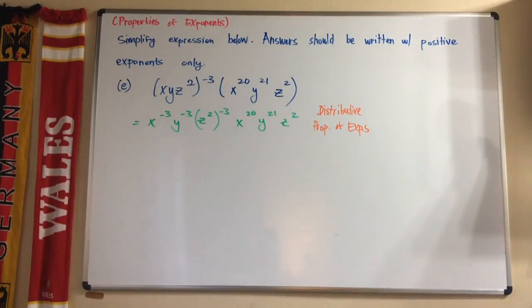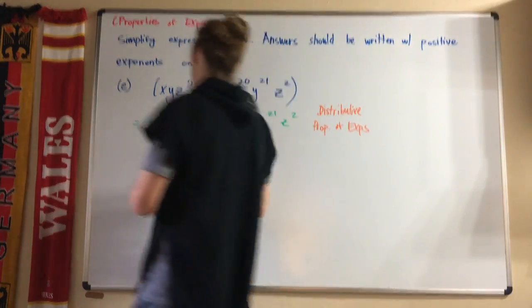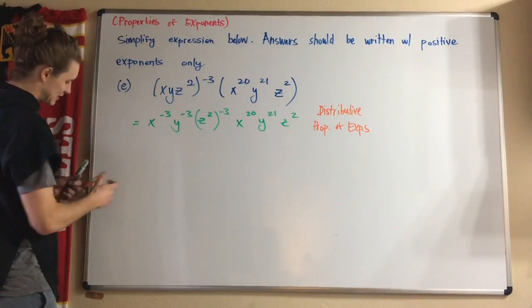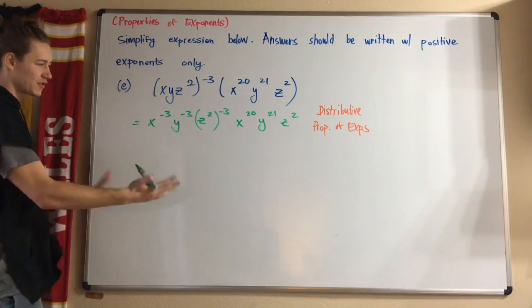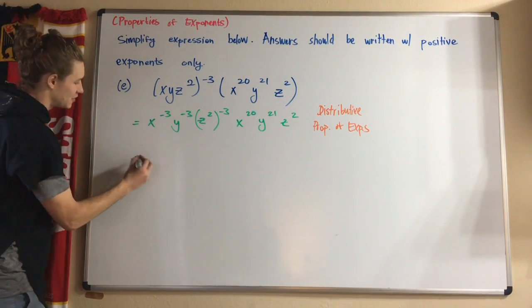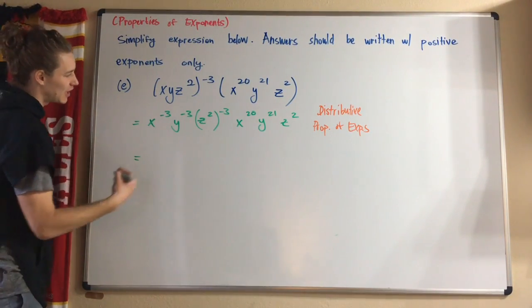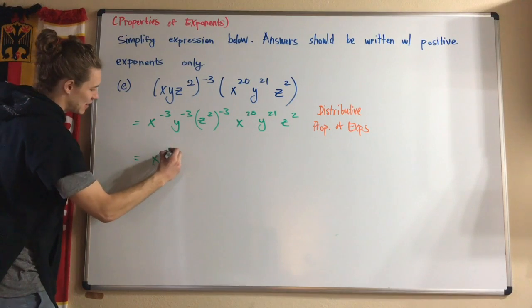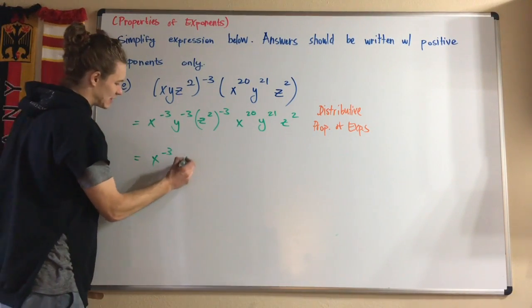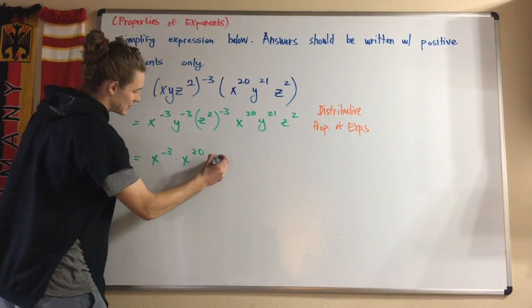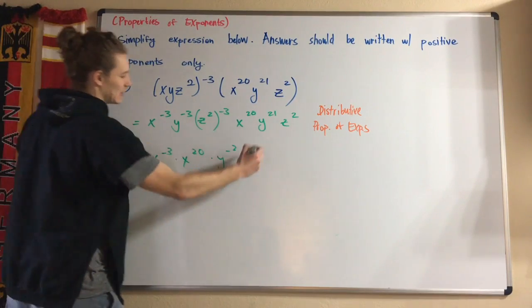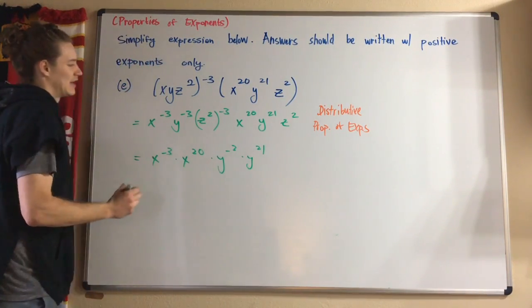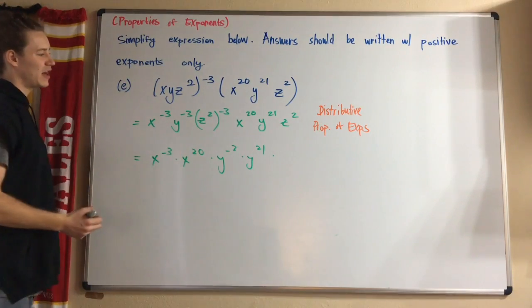And what can we do next? Well, we can simplify this power of a power. I'm also going to rearrange the parts of my product at the same time so I have my x's near each other. So I have x to the negative 3 times x to the 20, then times y to the negative 3 times y to the 21 times z squared to the negative 3.